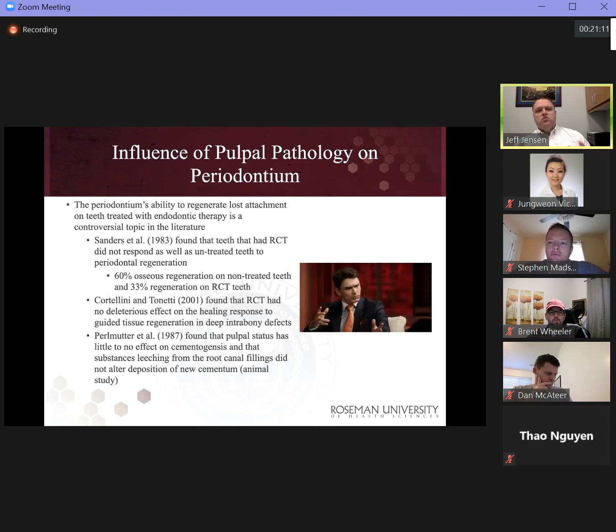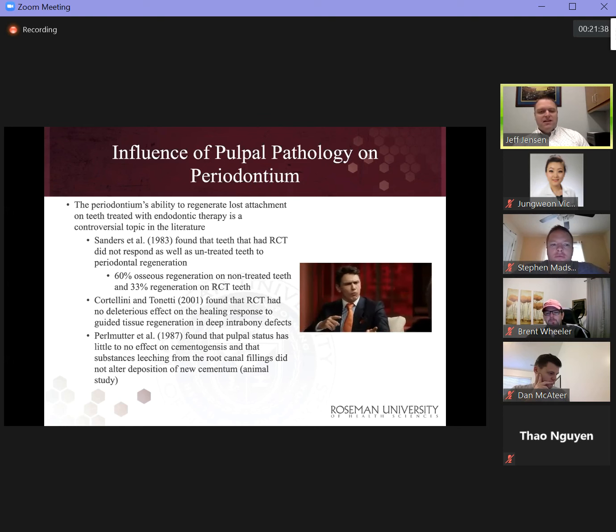So the tooth is itself essentially treated, so the nerve was necrotic or irreversible pulpitis. We go in, we do that treatment. Can we then expect to see resolution in periodontal attachment loss? And if there's some bone loss, can we do some grafting on a defect? So that's what we're going to talk about here.